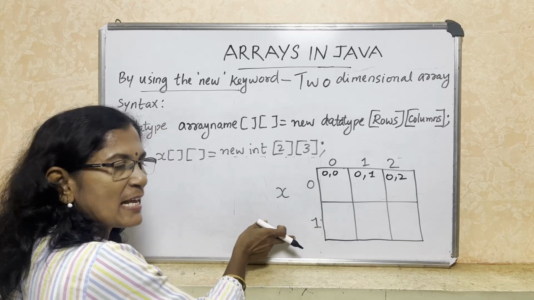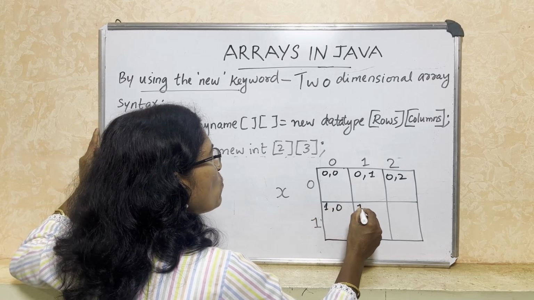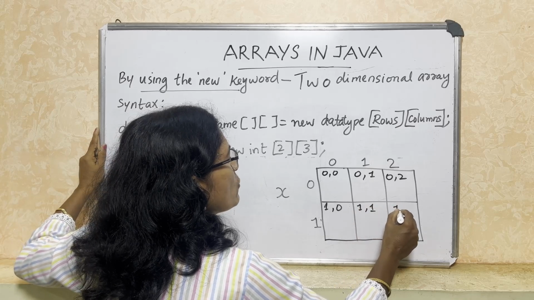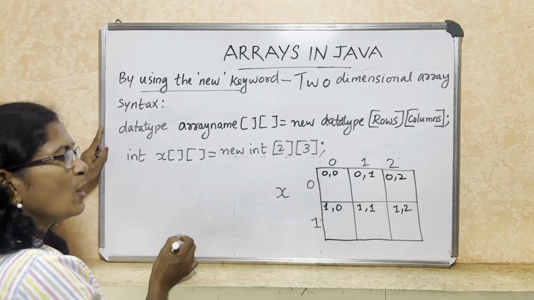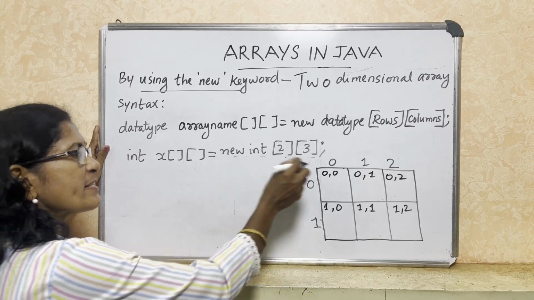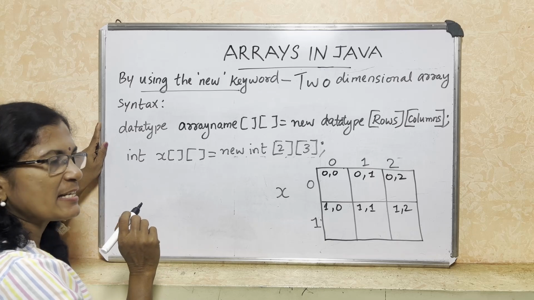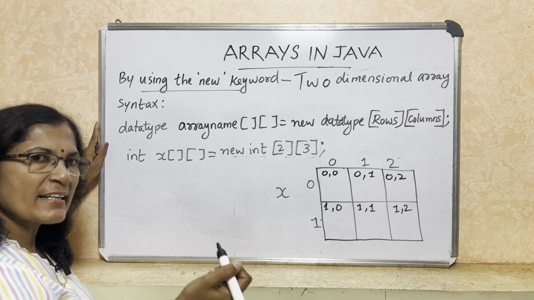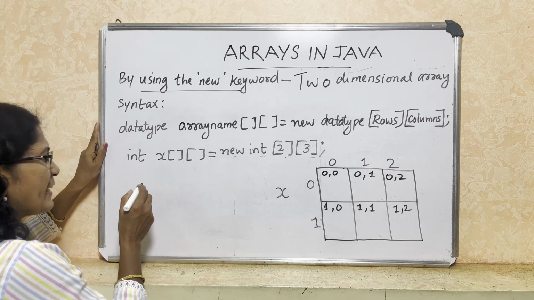And the last row cell addresses are 1, 0, that is row number, column number, then 1, 1, and 1, 2. These are the references of the cells of this particular array. So to assign values to these locations, or to access the data from these cells, you can use individual references like this.